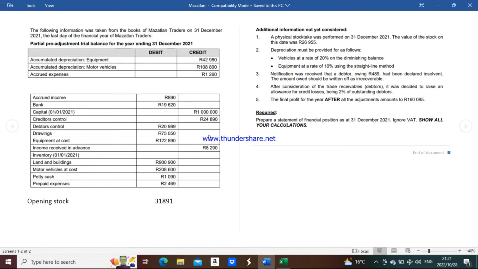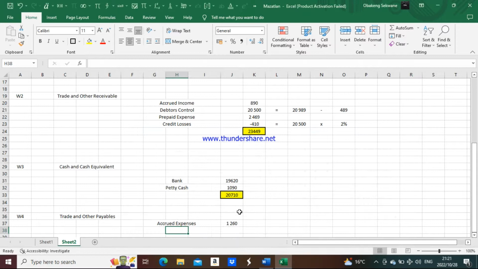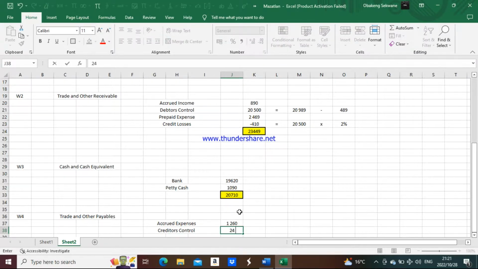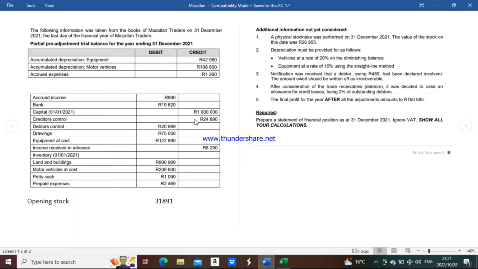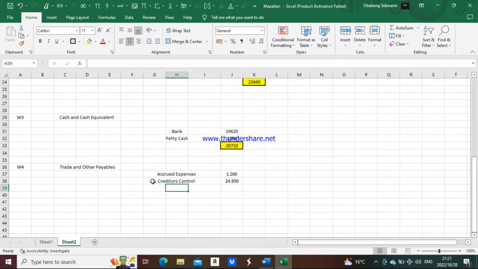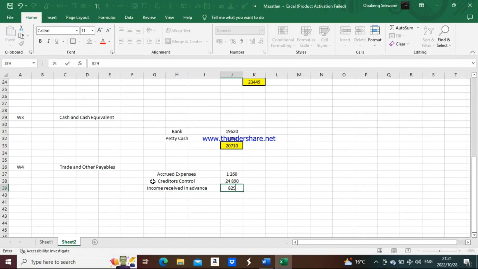And then we have creditors control of 24,890. Then we have income received in advance of 8,290.